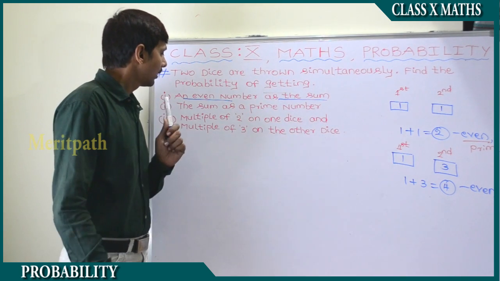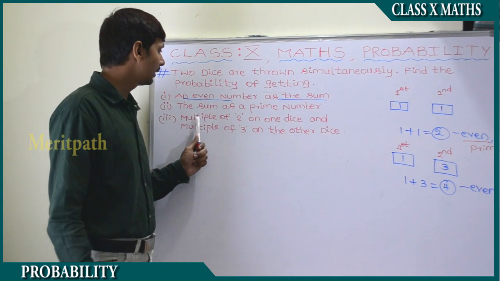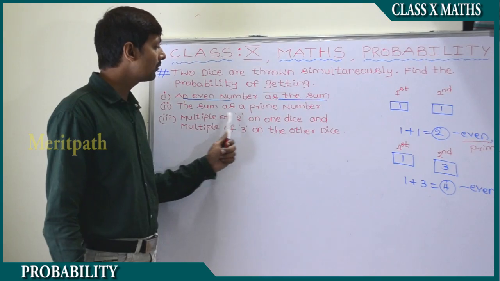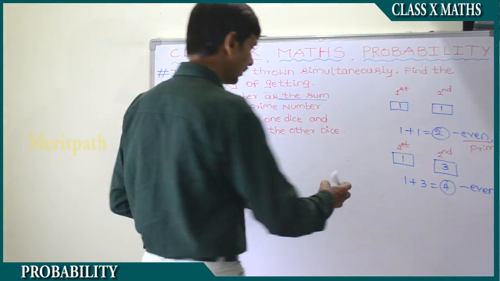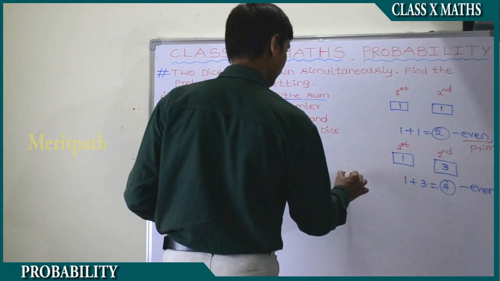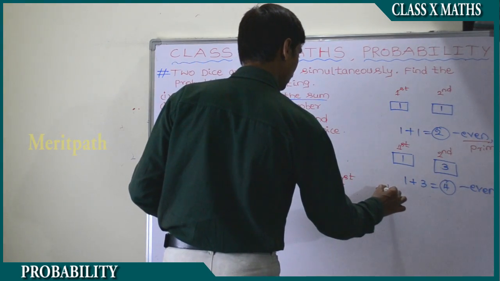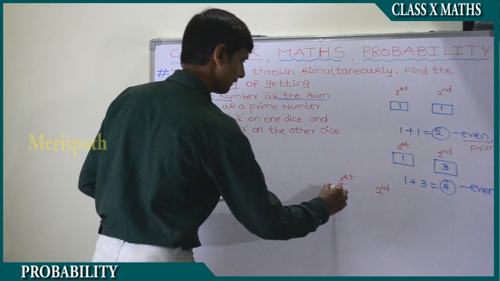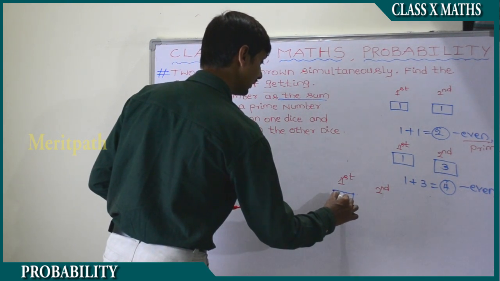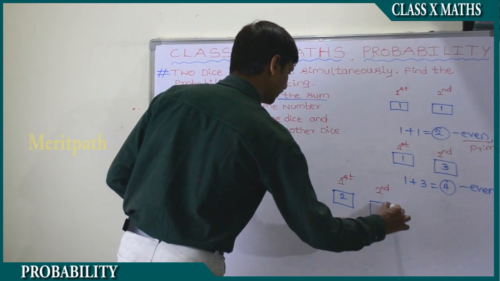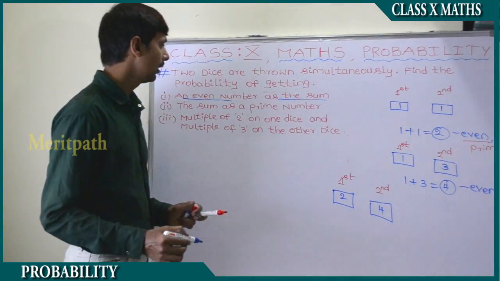Next is a multiple of 2 on one dice. For example, on the first dice, a multiple of 2. Let us take 2, and the next multiple of 2 is 4.